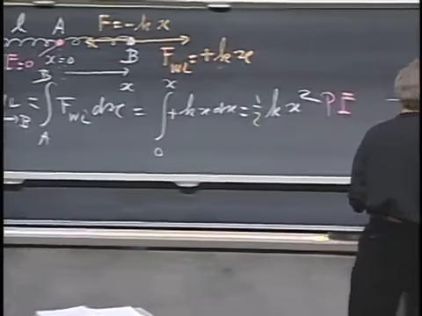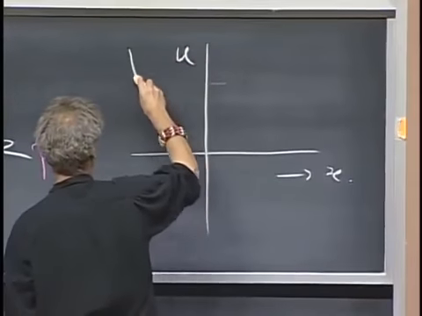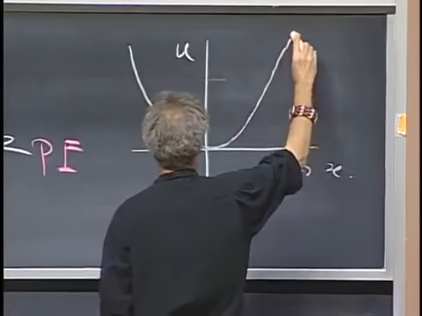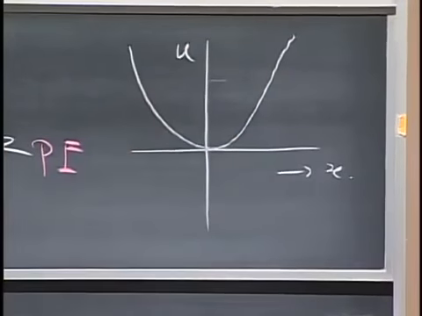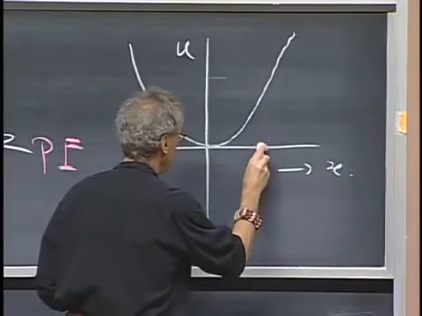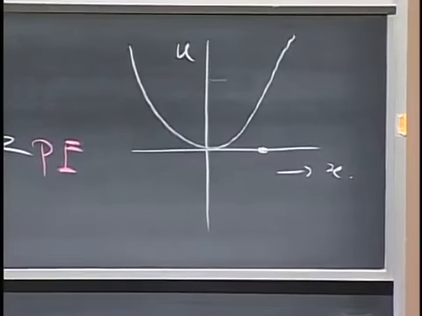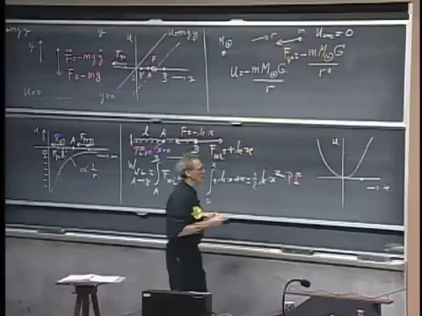So if you now make a plot of the potential energy as a function of x, you get a parabola. And if the object is here, then the force is always in the direction opposing the increasing potential energy.